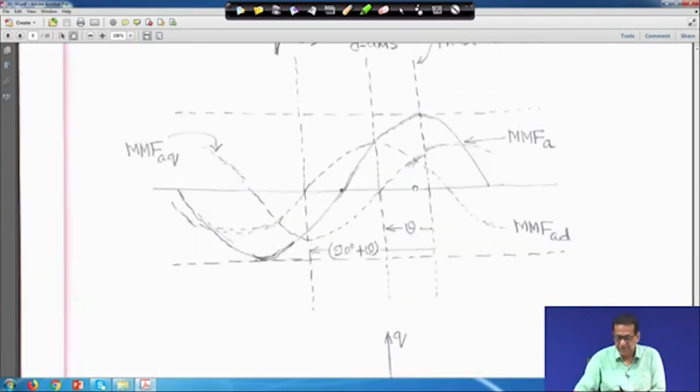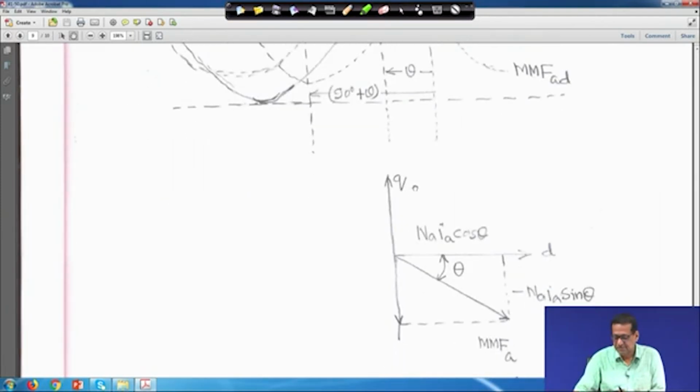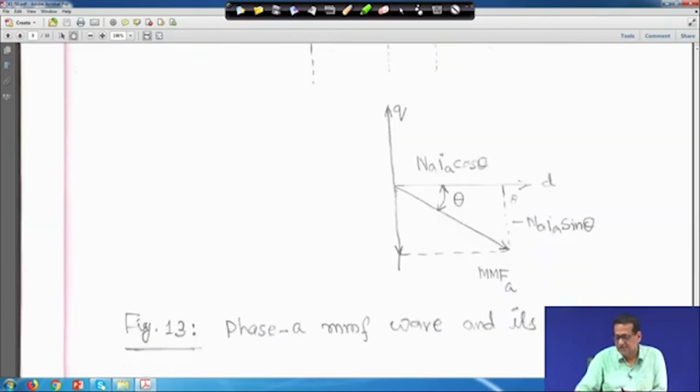Now if you resolve this into Q axis and D axis components, on the D axis it will be N_A I_A cos theta, and on the Q axis it will be N_A I_A cos of (90 degree plus theta), which becomes minus N_A I_A sin theta.